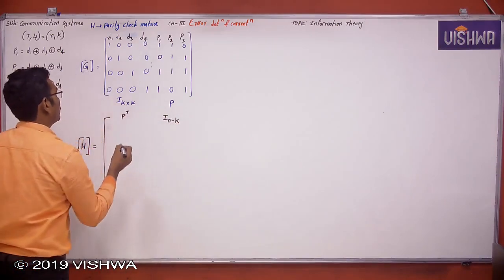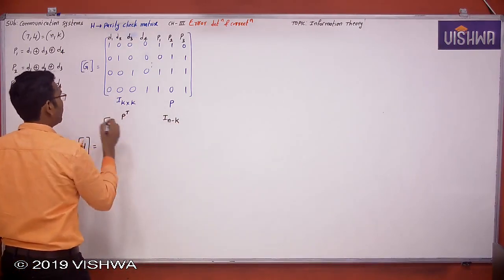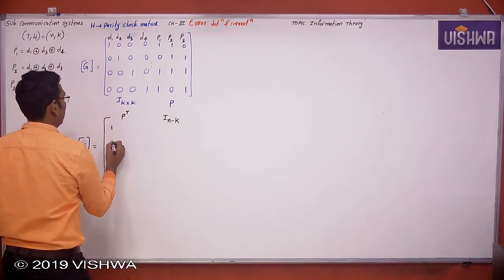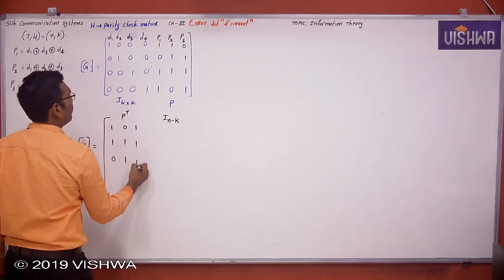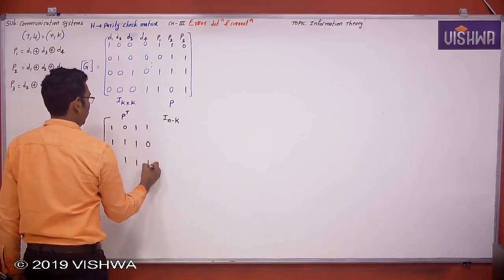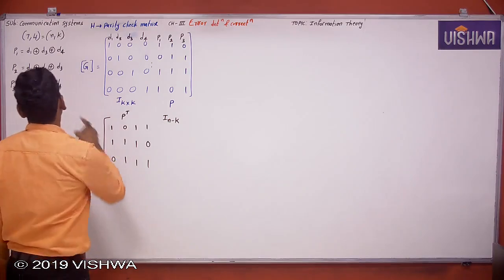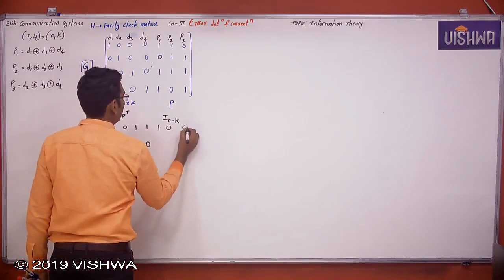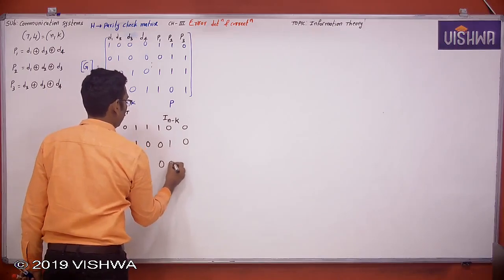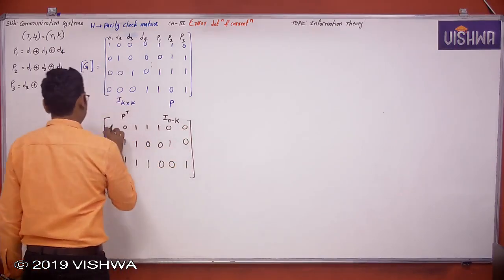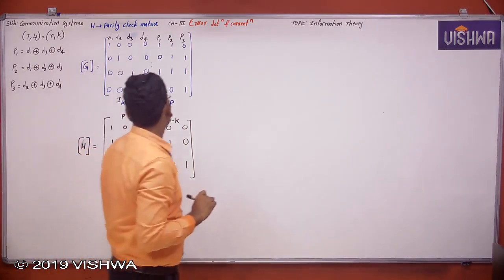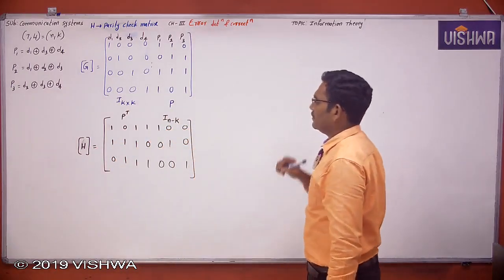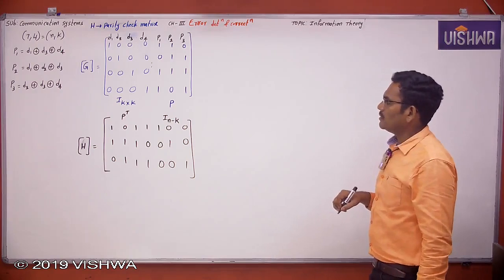Now what is P transpose? 1 1 0 1, 0 1 1 1, 1 1 1 0, and the identity matrix I n minus k, 7 minus 4, is 3: 1 0 0, 0 1 0, 0 0 1. This is the parity check matrix.